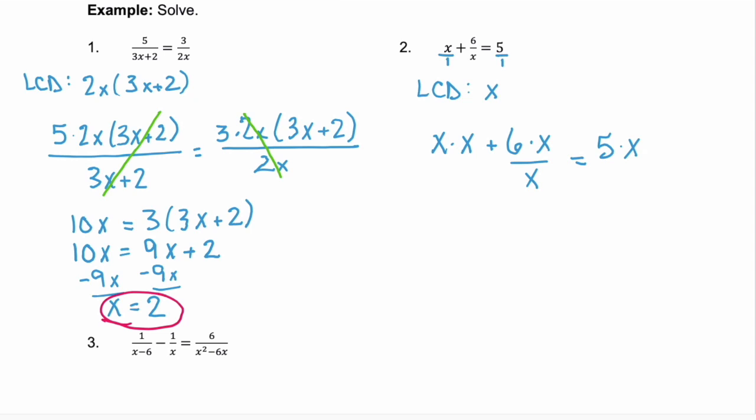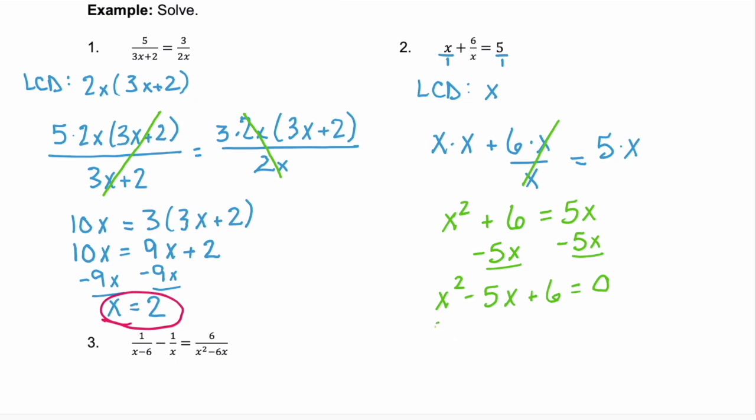And then we simplify. Nothing simplifies in the first term except for multiplying x times x, which is x squared. The second term, the x in the numerator and the denominator simplify out to 1, so we have plus 6 equals 5x. We need to subtract the 5x from both sides, and we'll see that we have a quadratic in standard form.